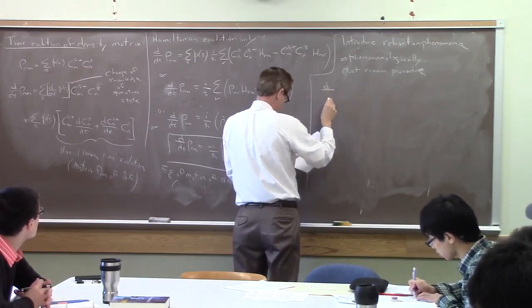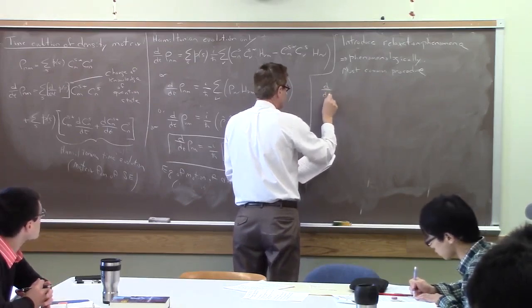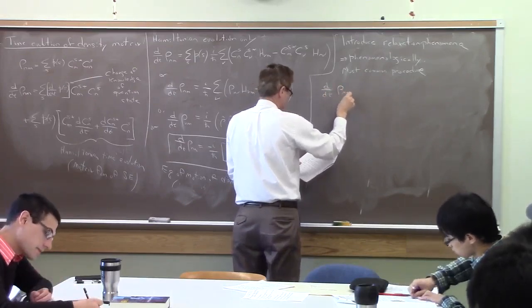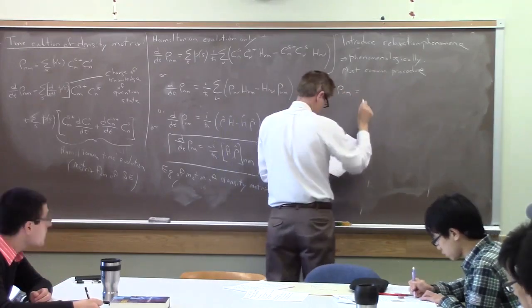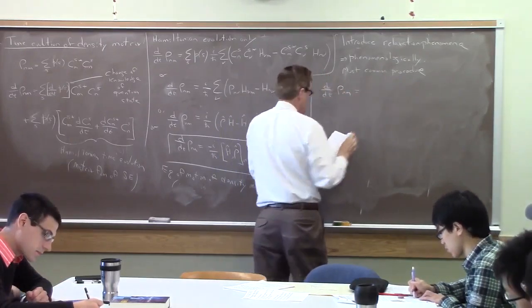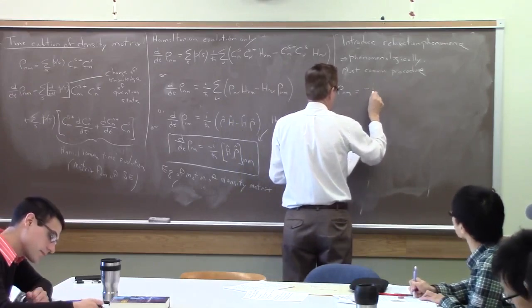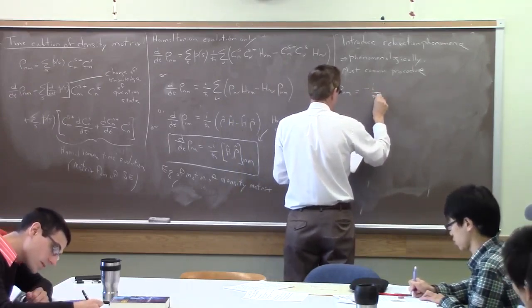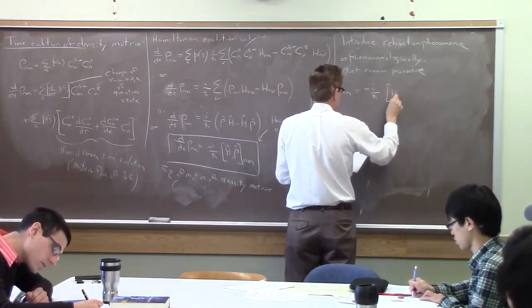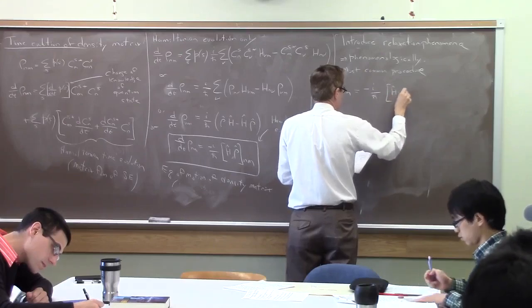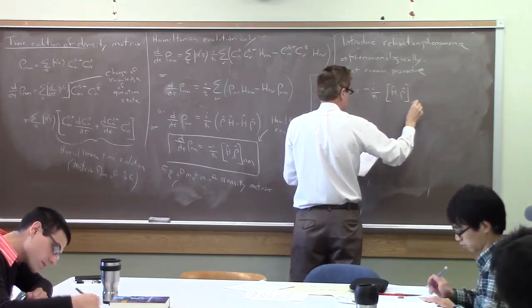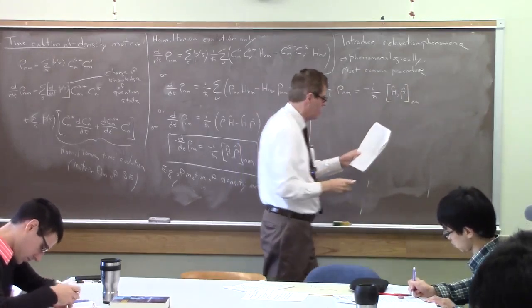So we say that d by dt of rho nm is minus i over h bar H rho nm. So this is the Hamiltonian part.